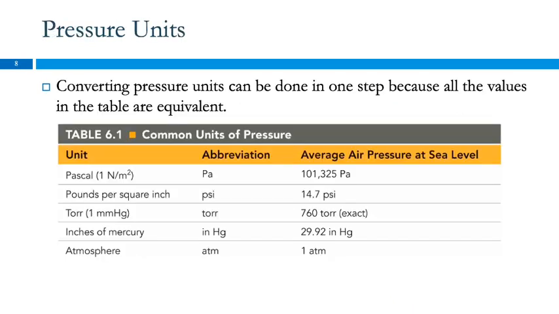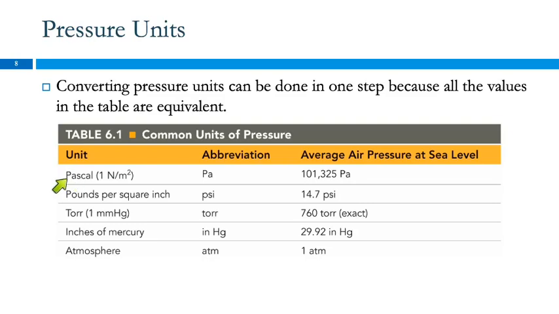There are lots of other units for pressure, and the unit that you use depends on what you're doing with it and what sorts of pressure you're measuring. So the SI unit is a Pascal, which is defined as a Newton per square meter. We are not going to use all of these. No, we're just going to use a couple of them.